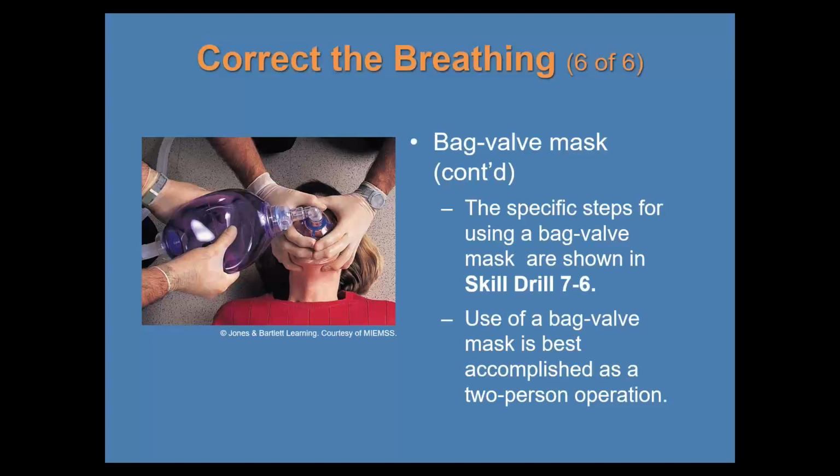Wipe the mask a little bit, and make sure you've got a good seal, and you're not just blowing air out of the side of the mask while the patient's not getting any breaths. But again, if you have O2, try to hook O2 up to it, at least 25 liters per minute, and we'll get more into oxygen and liters per minute in a minute.